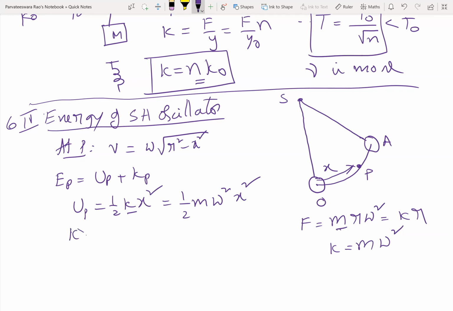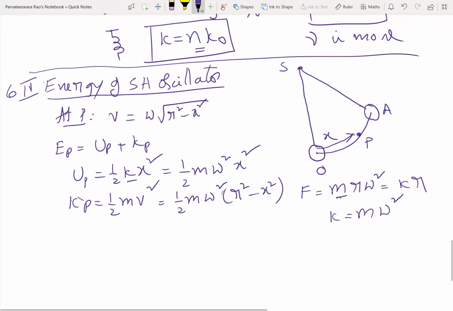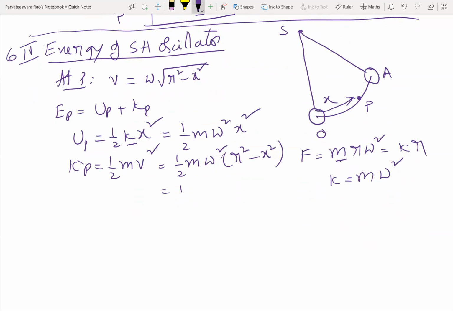Kinetic energy is half m v square, that is half m omega square into r square minus x square. That is the kinetic energy. So total energy, if you add them, comes out to be half m r square omega square.